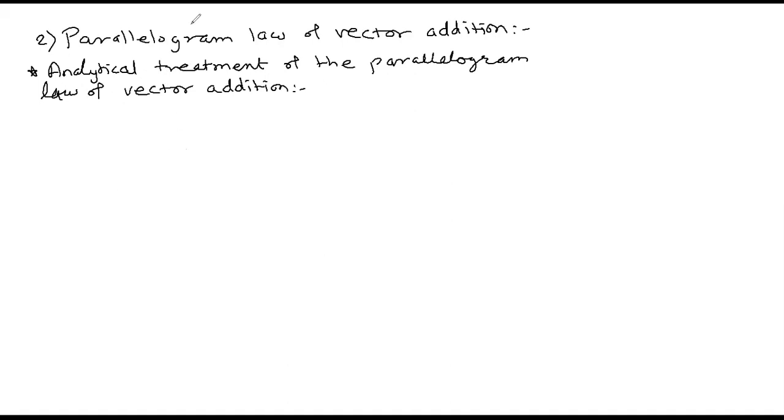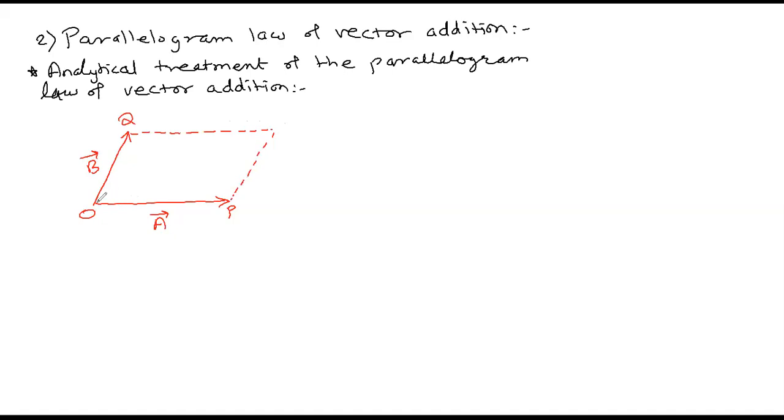So let me draw the figure first. This is vector OP, which is equal and parallel to vector A. Then OQ, which is equal and parallel to vector B. Then I will complete this parallelogram.